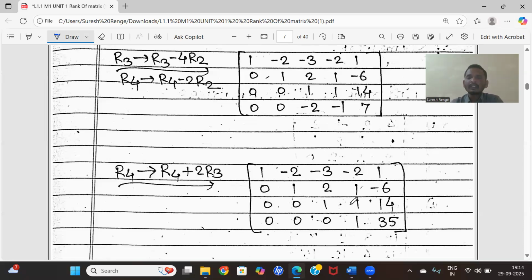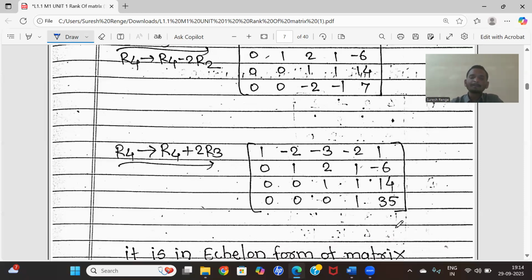Minus 1 plus 2 is equal to plus 1. 7 plus 28 becomes equal to 35. If you operate this on row R4, it becomes 0, 0, 1 and 35.